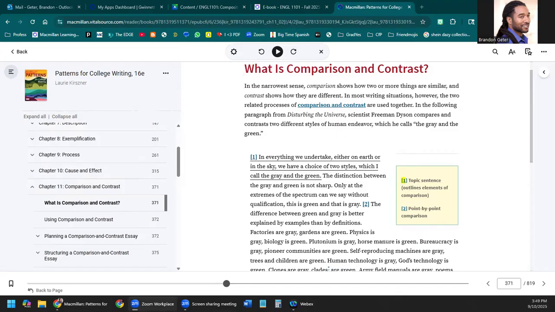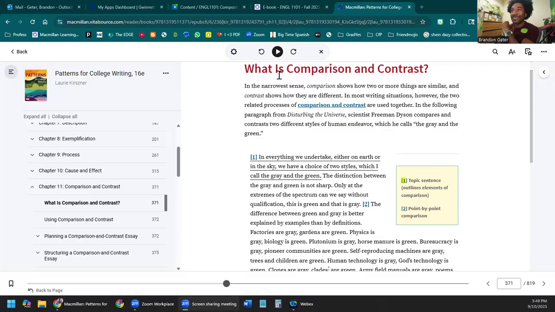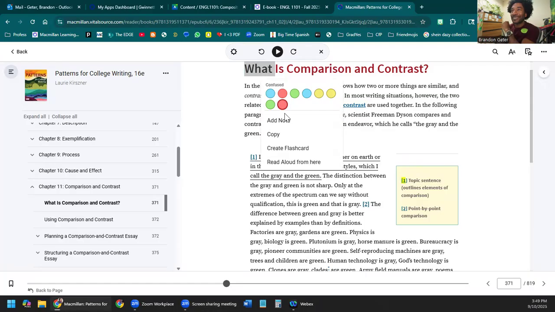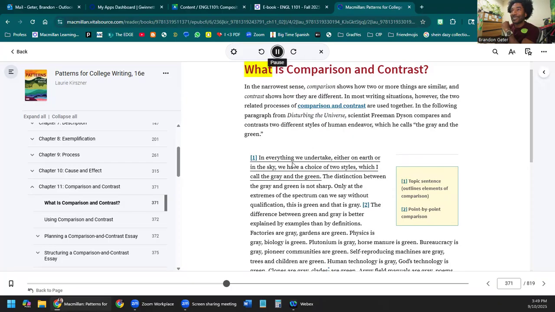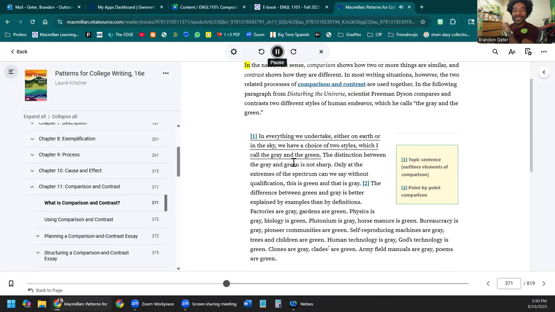What happened here? I don't know what happened with the program, but okay. What is comparison and contrast? All right, there it is.